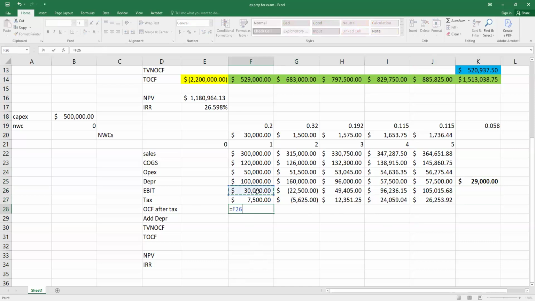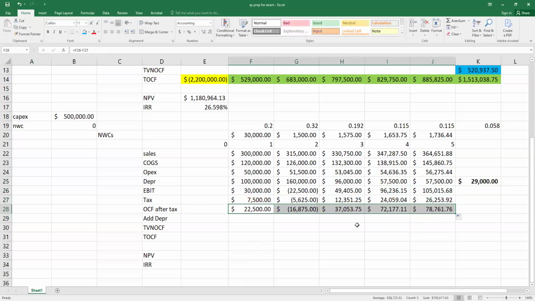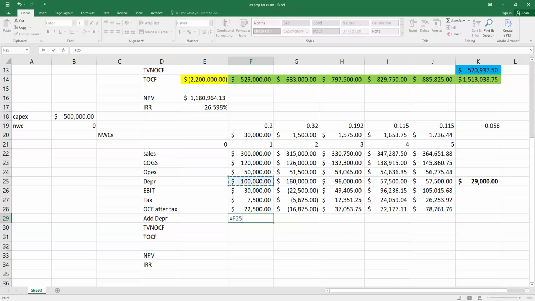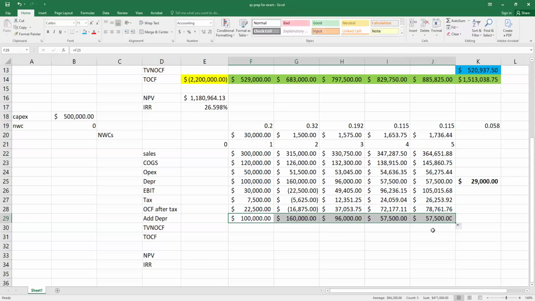OCF after tax. Depreciation, we're adding back. Terminal value. It's salvage value, which is we're going to be selling it for 50,000.